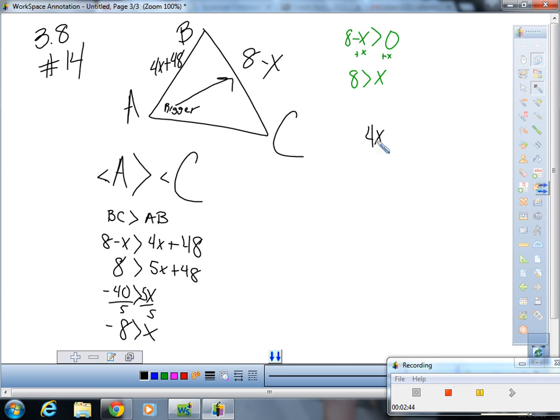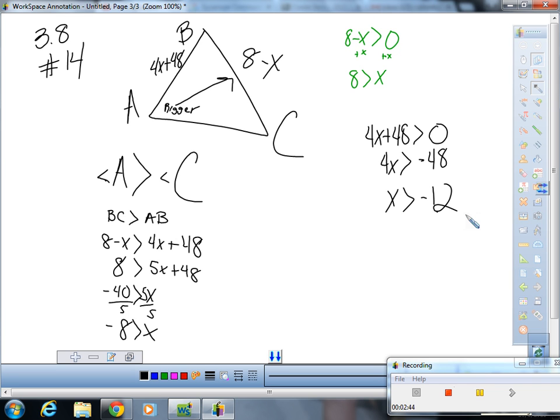Finally, you'll get 4x plus 48 has to be bigger than 0. So 4x is bigger than negative 48. So x is bigger than negative 12. Thank you.